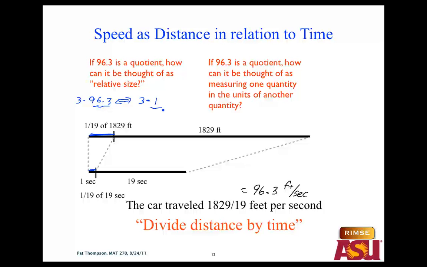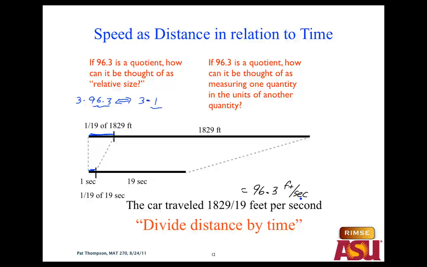All right, what about as measuring one quantity in the units of another? Christian? How I interpreted that, because I know last time we were saying that the numerator and the denominator, when we express it that way, it's pretty much expressing the numerator in terms of the denominator. So I think that says that for this particular system, 1 second is the same thing as 96.3 feet, and vice versa.